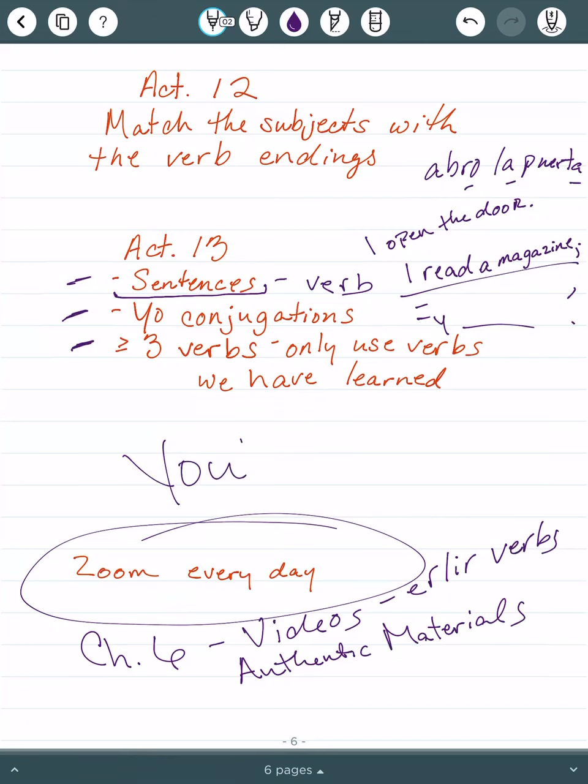You also can check YouTube and search things like Spanish ER verbs. And there will be plenty of explanations on there. So definitely do not accept defeat. You are much better than that.